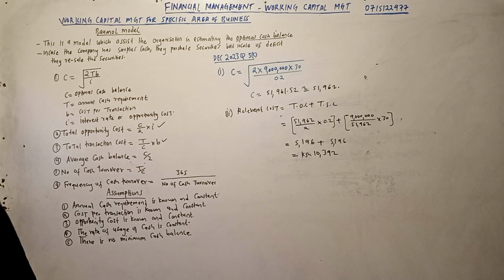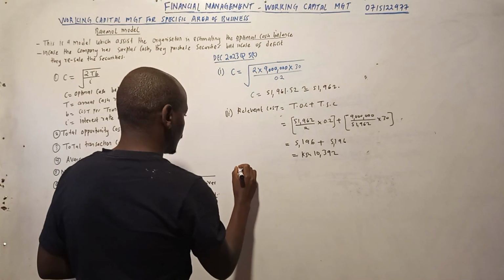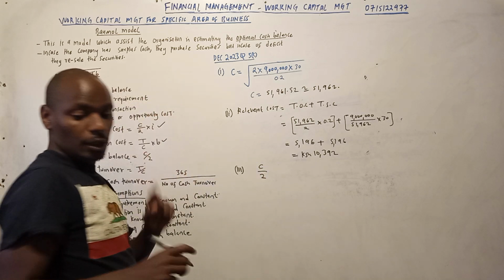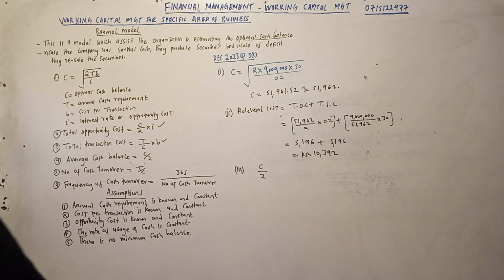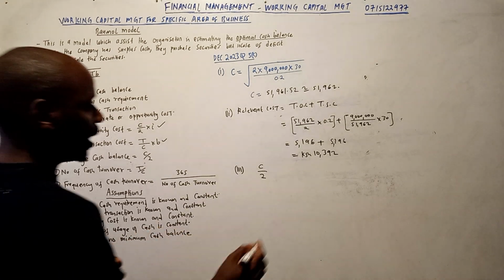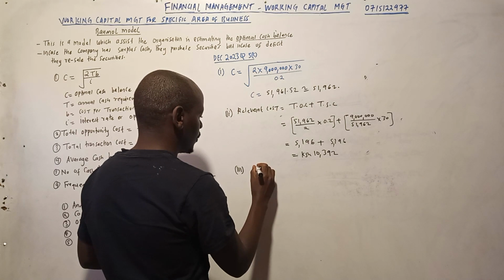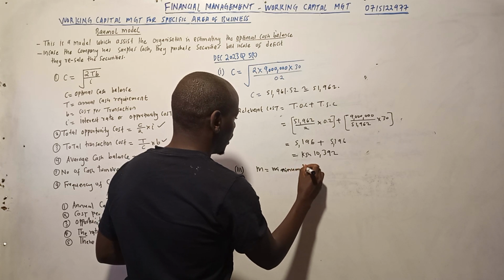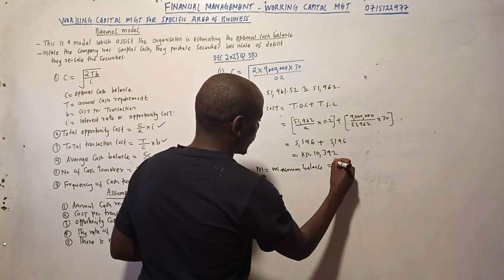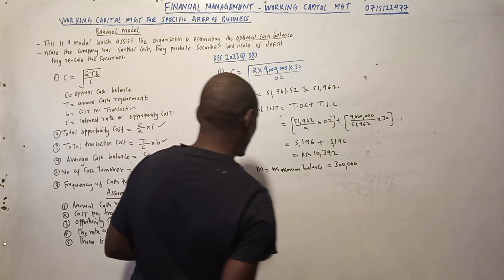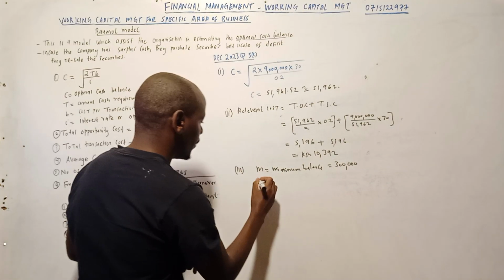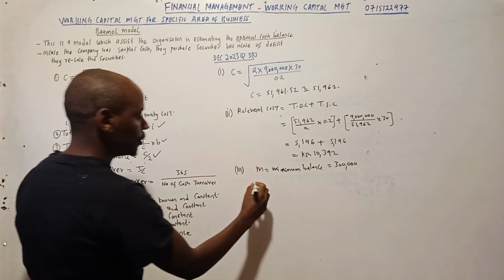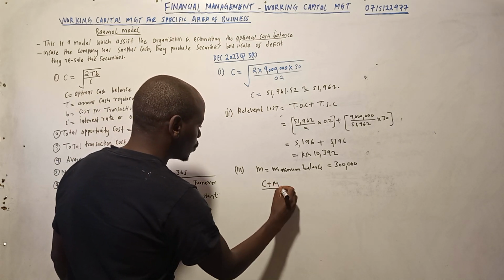Lastly, number 3 asks for the average cash balance. The average is C over 2, but remember in this case we have a minimum balance M of 300,000, so we need to add that balance. Where we have a minimum balance, it becomes C plus M over 2.